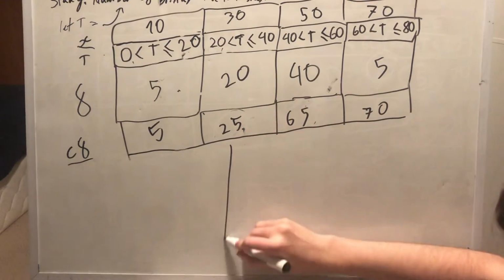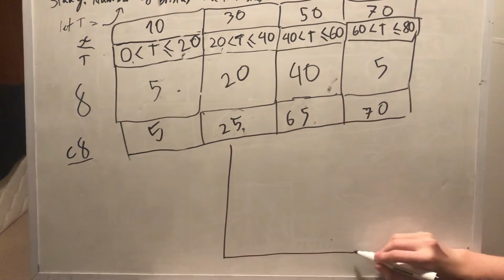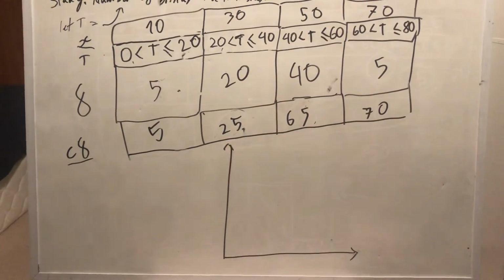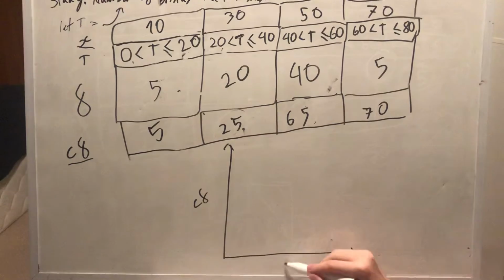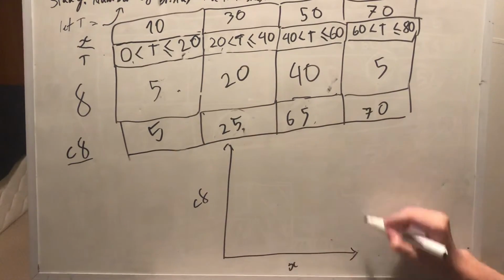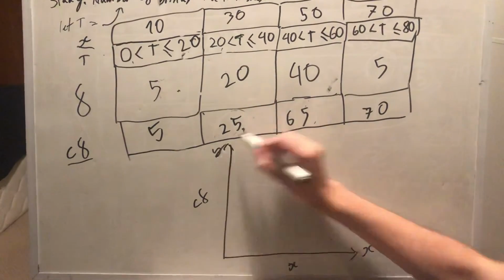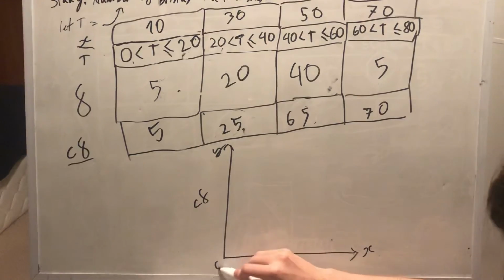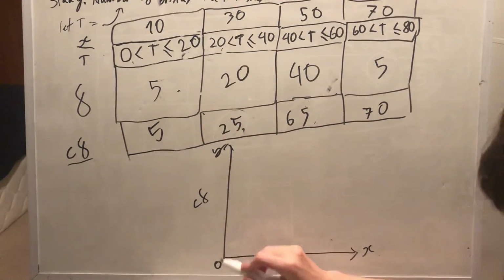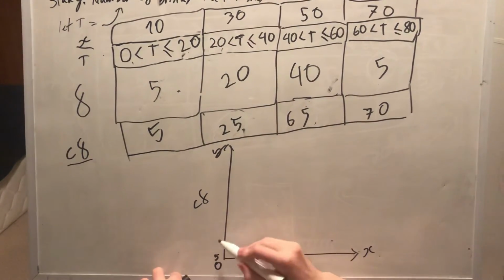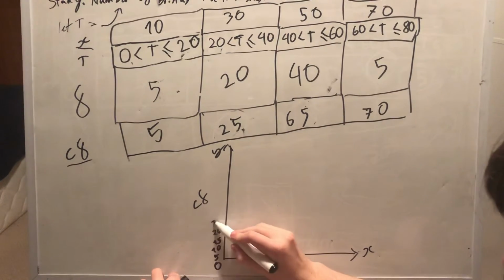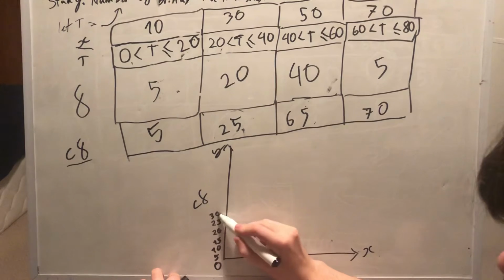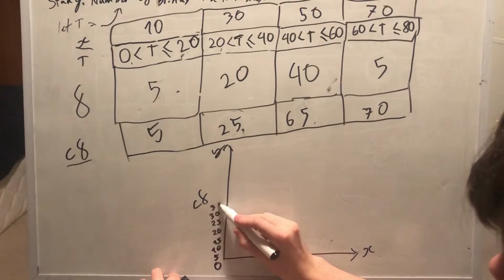So here we have our y-axis and our x-axis. Now normally cumulative frequency goes on the y-axis and x goes on the x-axis, which is very easy to remember. So we have 0. Now cumulative frequency also goes up in stages of 5, but it's much higher than frequency. So I'll just fill these in now.